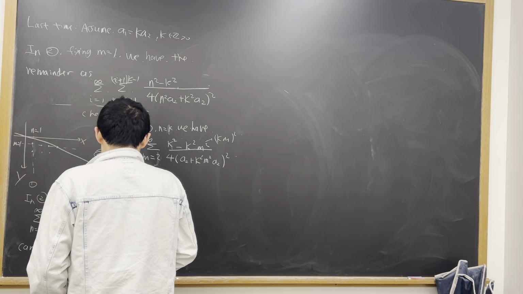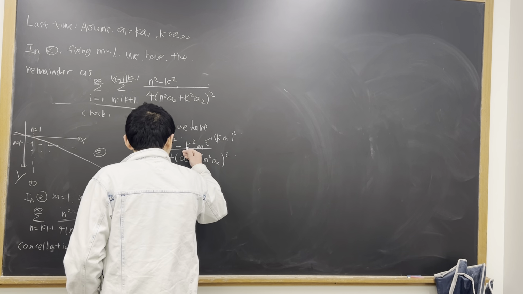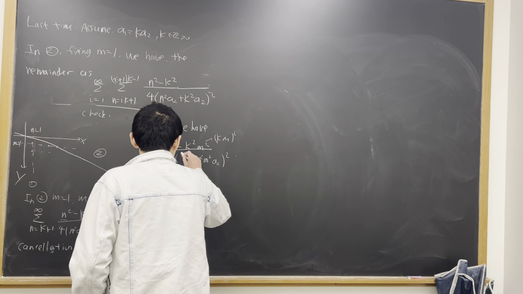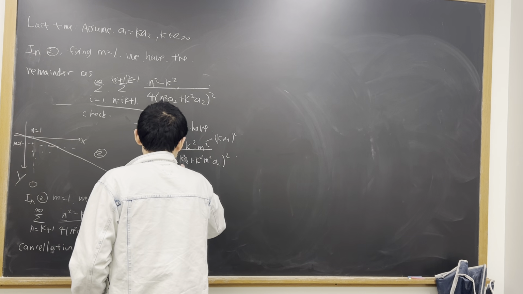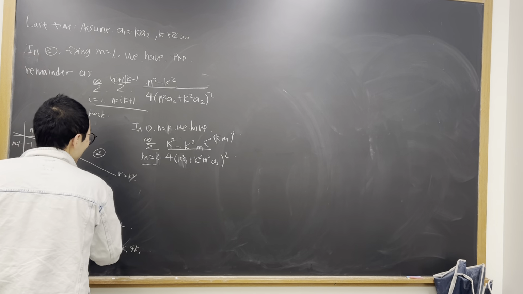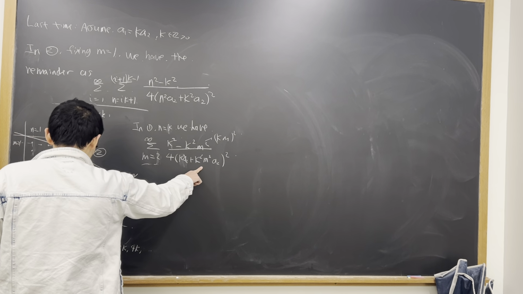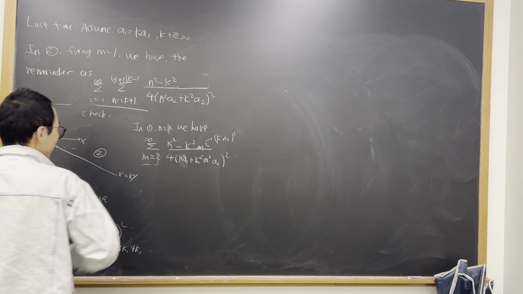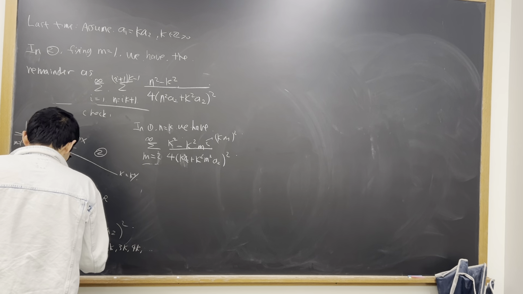So they cancel out. Wait. No. Sorry. So n equal to k, this one should be k squared a2. My bad. So these correspond to this term, and this corresponds to this term. And also this k squared cancels out with this one. So everything cancelled out very nicely.